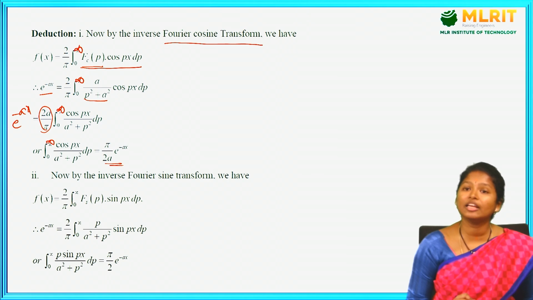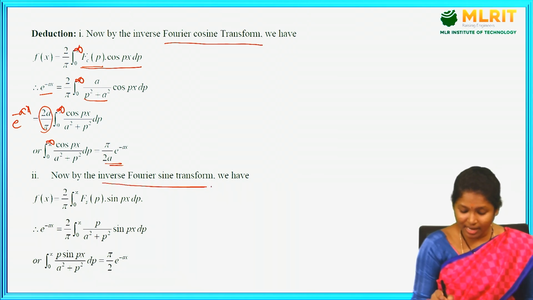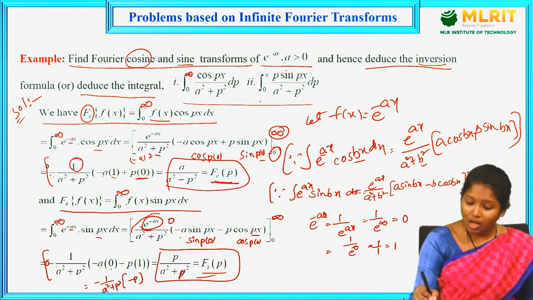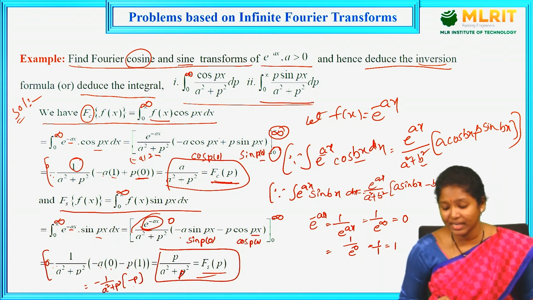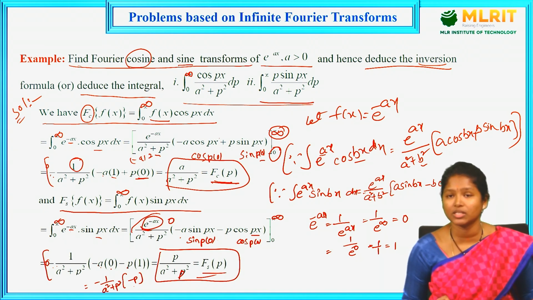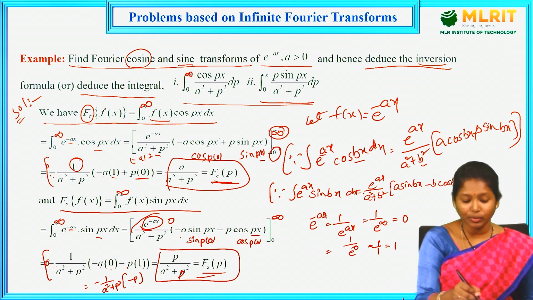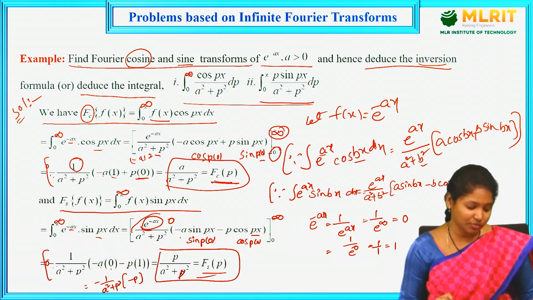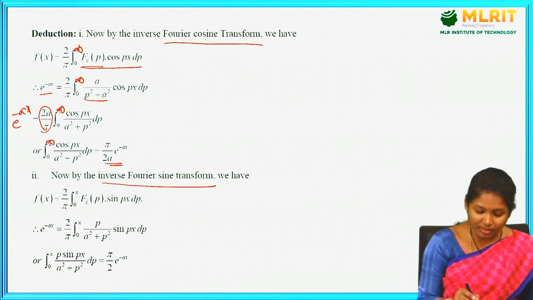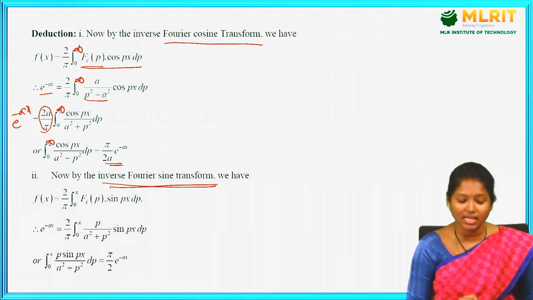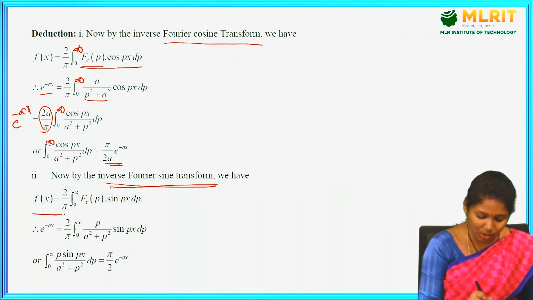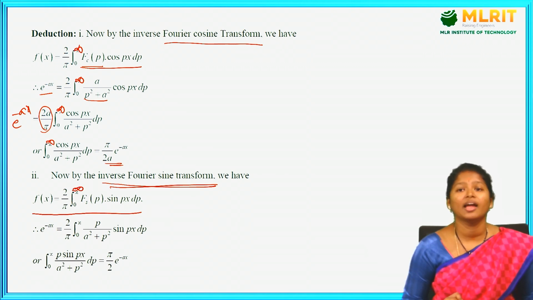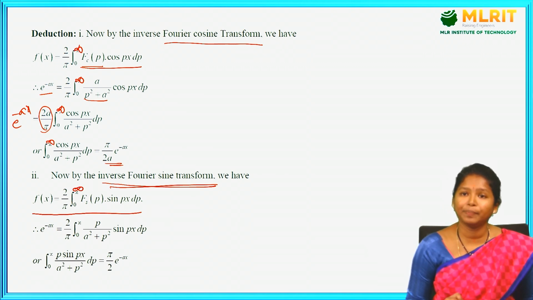Similarly for the inverse Fourier sine transform, because they gave integral 0 to infinity p sine px by a square plus p square dp, for that we have to find the inverse of the infinite Fourier sine transform also. So the formula for the inverse Fourier sine transform was f of x equal to 2 by pi integral 0 to infinity fs of p sine px dp.